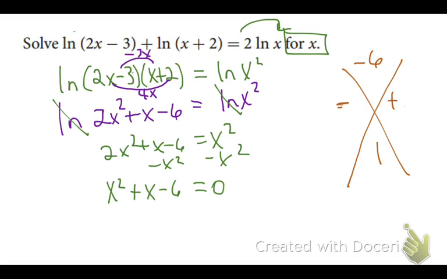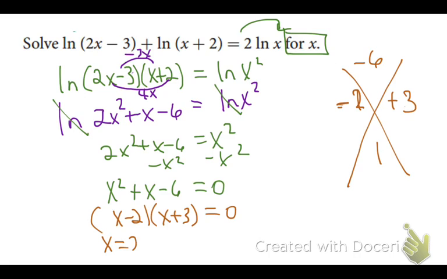Which one's the negative? Oh, yes, 2. Thank you. All right, let's drop it back in. So x minus 2 and x plus 3. So solving it, x would be what right here? 2. And this one would be negative 3.